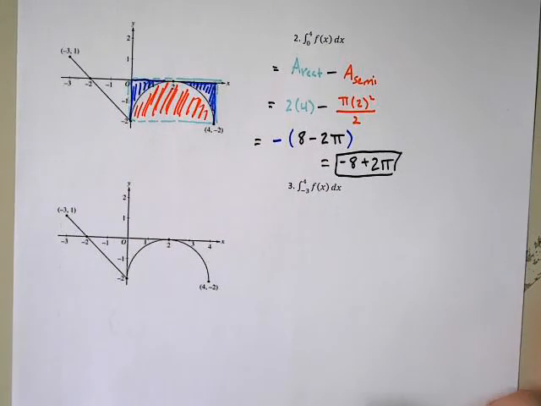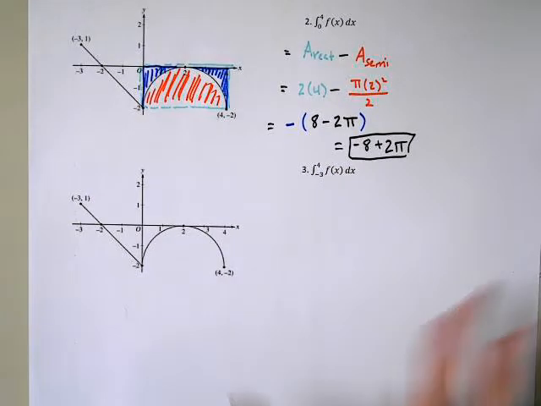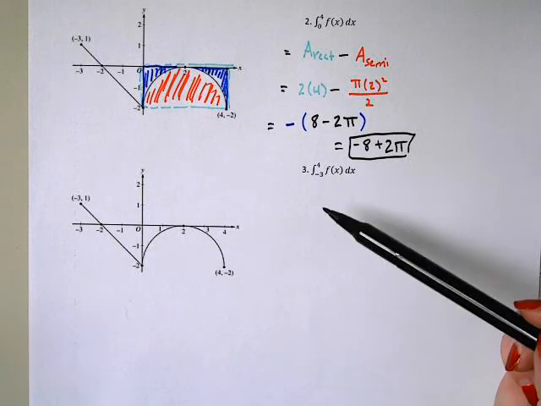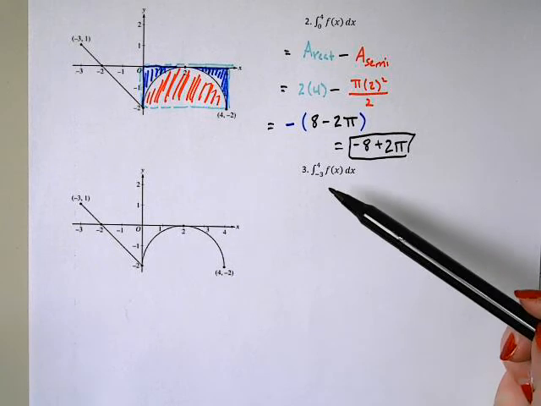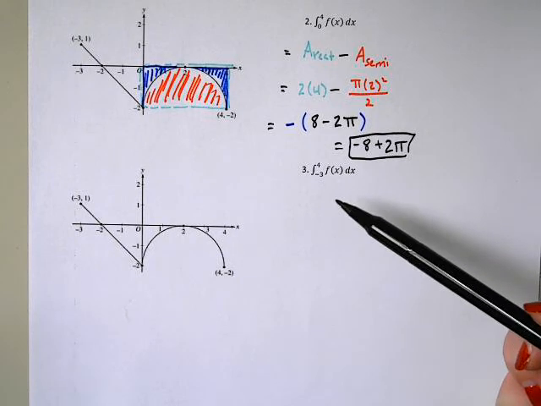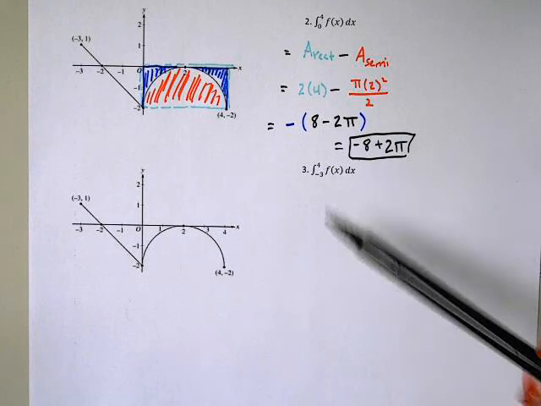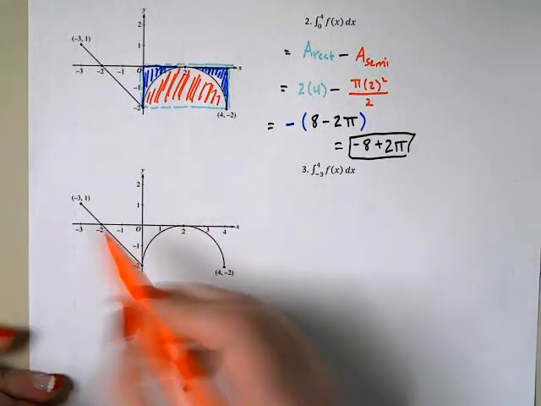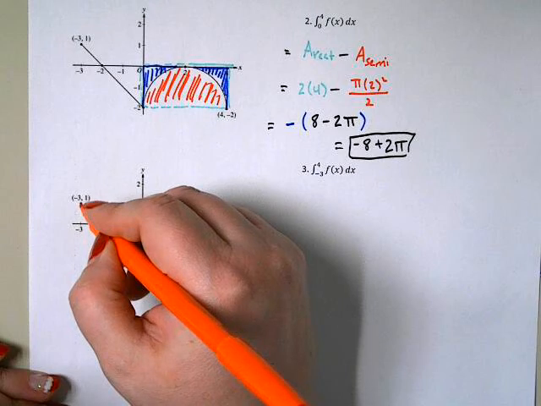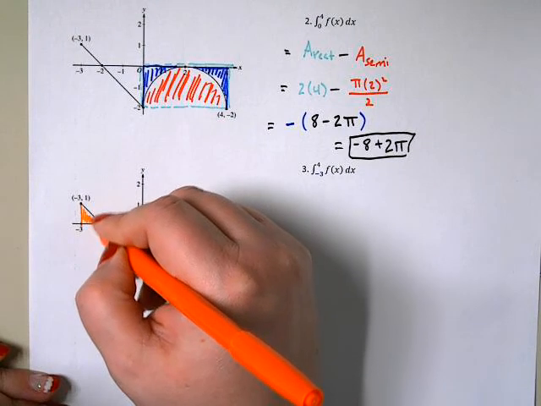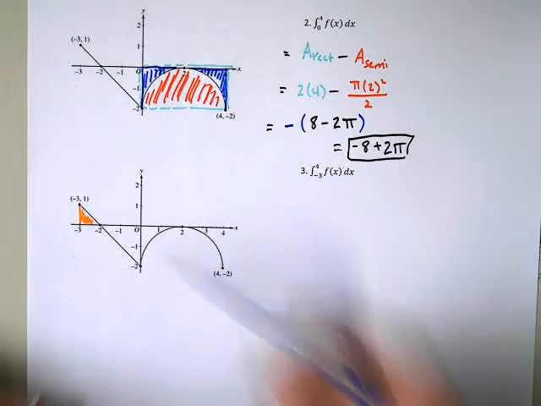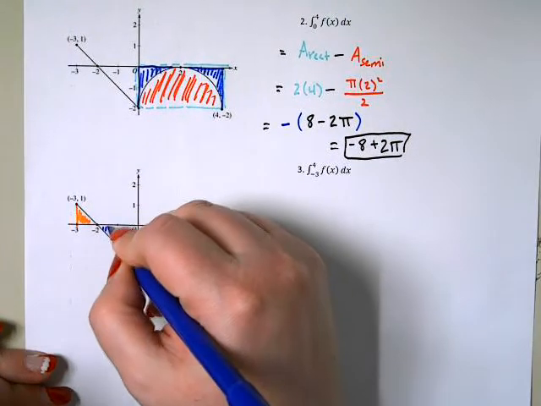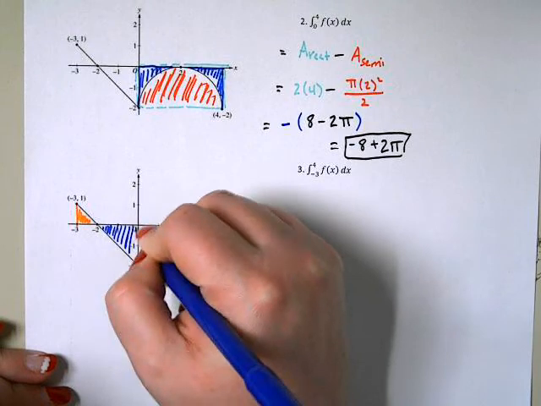All right. The last one down here says that we're finding the integral from negative 3 to 4 of f of x dx. Well, we can use the pieces that we've done already, because we already found from negative 3 to negative 2 was that positive area from before. And then we found this part here.